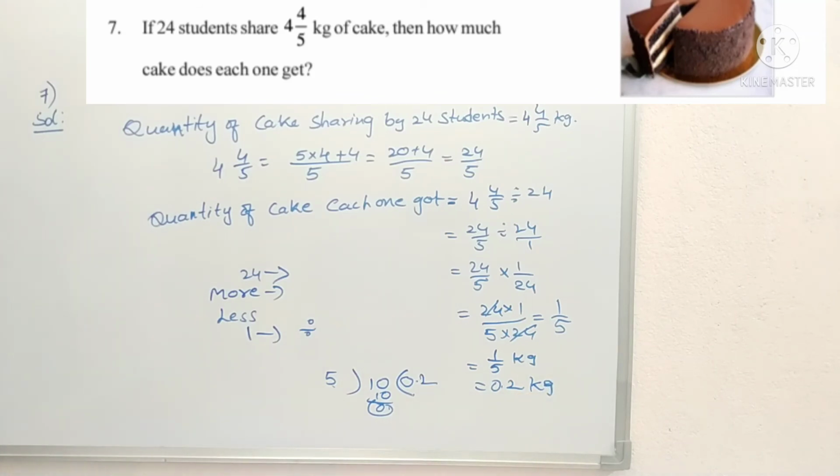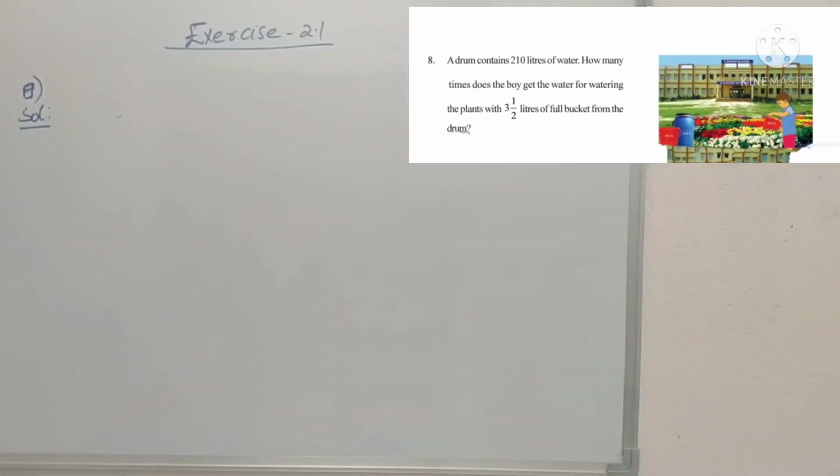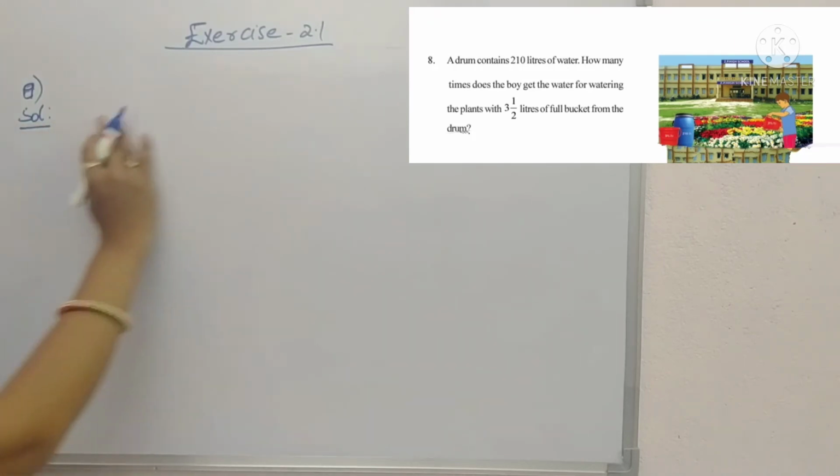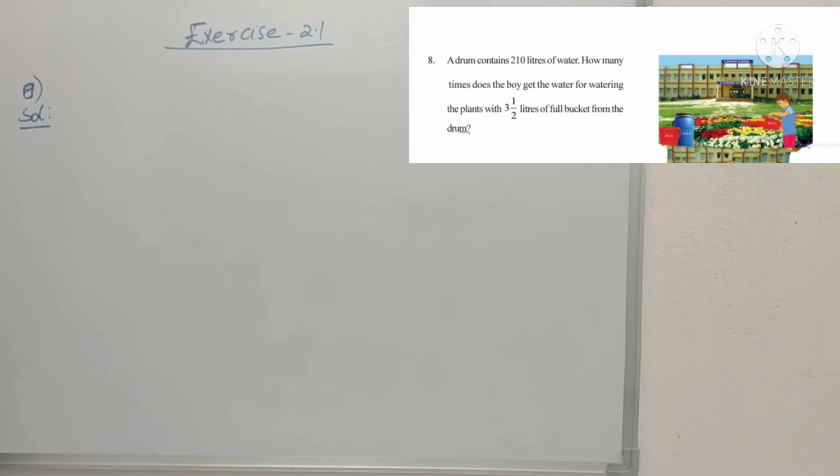How many times does the boy get the water for watering the plants? Again, in the drum there are 210 liters. And each time he is taking 3.5 liters. So how many times? We have to find it out.